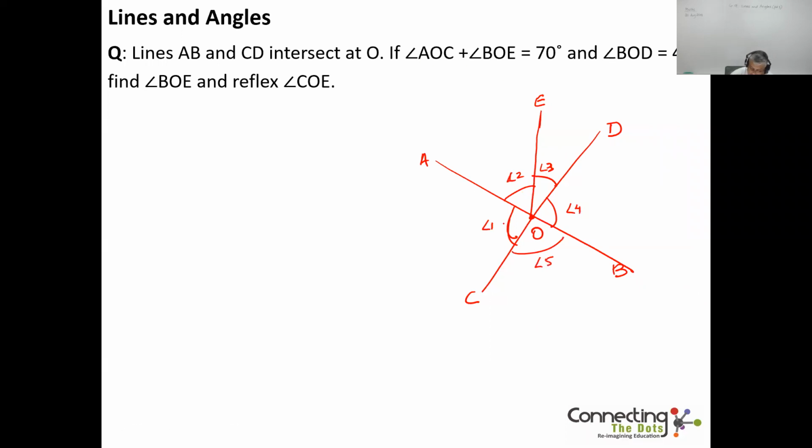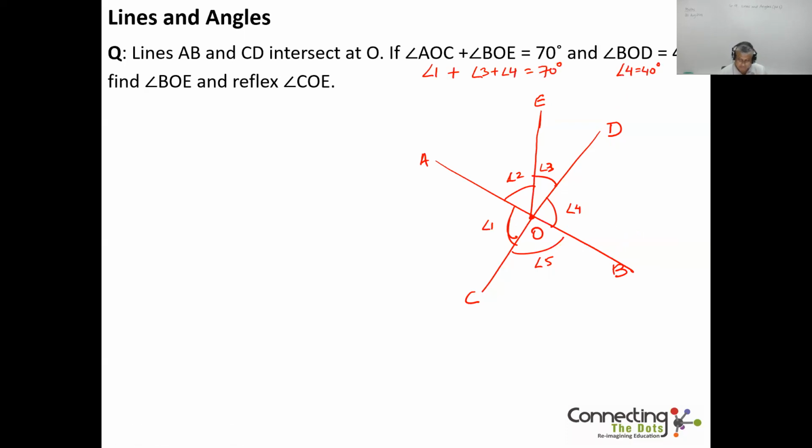You are given AOC, that is angle 1, plus BOE, angle 3, plus angle 4 is 70 degrees. Angle 4, BOD, is 40 degrees. Okay, so what are we supposed to find?